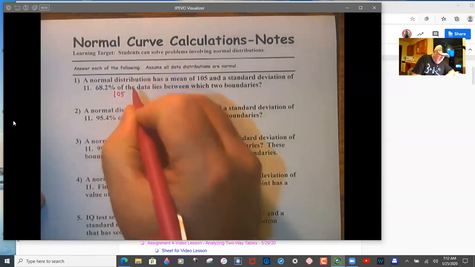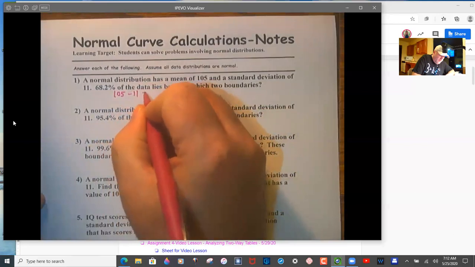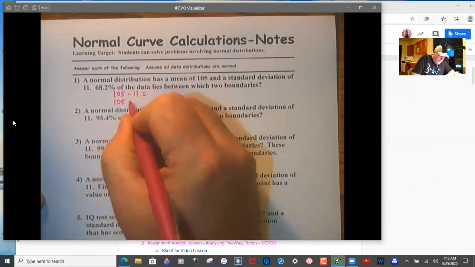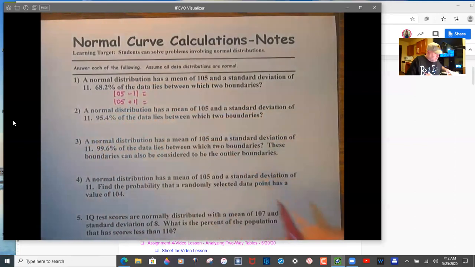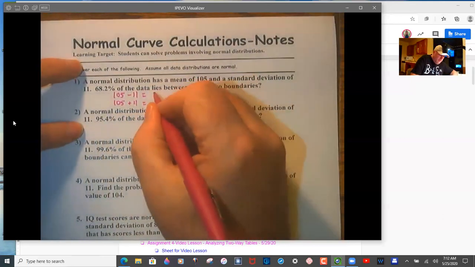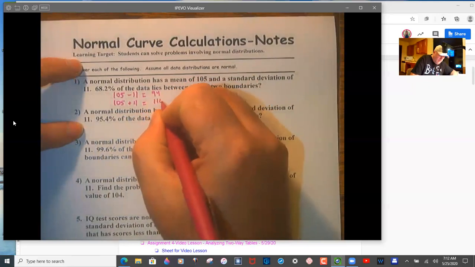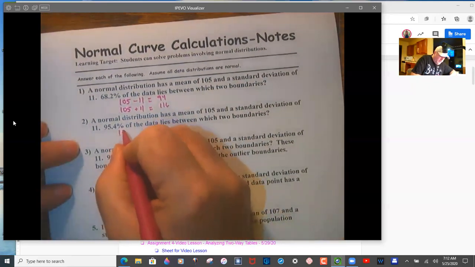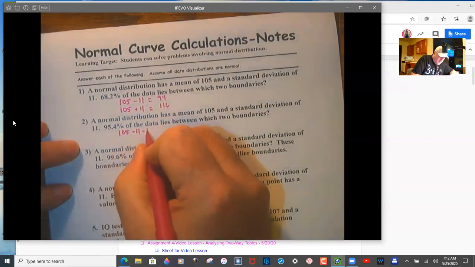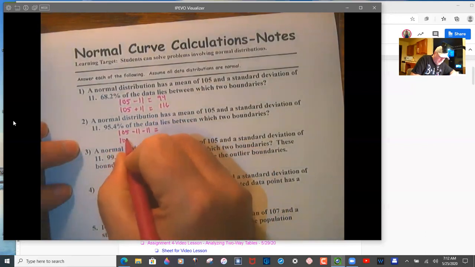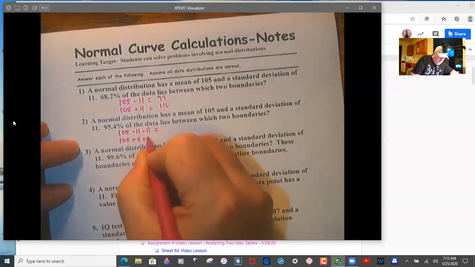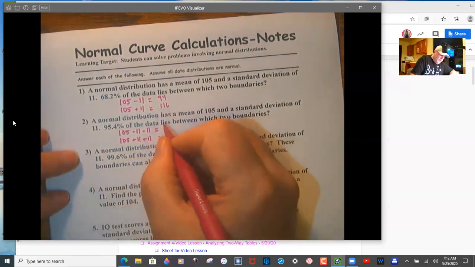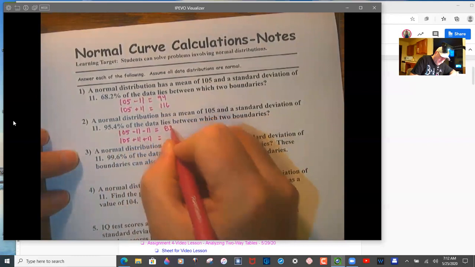You're going to subtract 1 time and add 1 time on the first one, and that produces 94 and 116. Then number 2, so on and so forth, subtract twice, and that will produce 83 and 127.